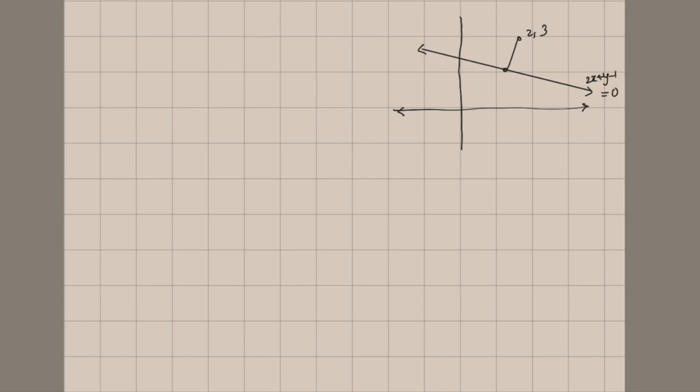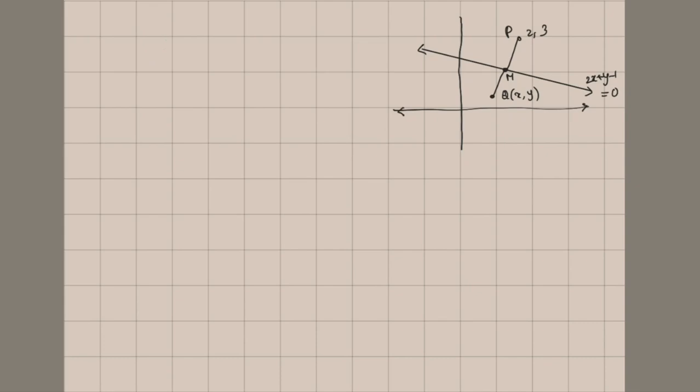So this is the foot of the perpendicular M, and this is image Q. Let's say Q is (x, y). We know the conditions, which is the slope of PQ is -1 by the slope of this line.